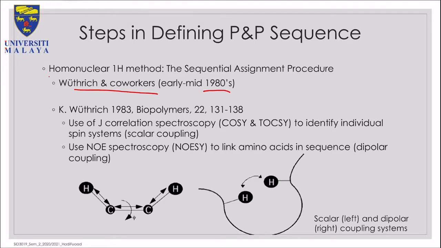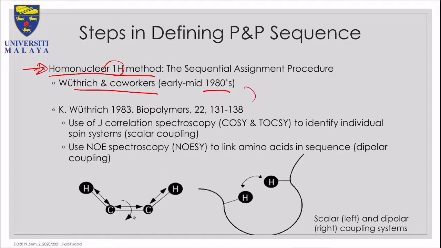If you go and find the articles that they published, they went into very detail on how you can actually use NMR to identify protein and peptides. And the method that they published is called the homonuclear proton method, the sequential assignment procedure. So they actually mention how you do that one by one.